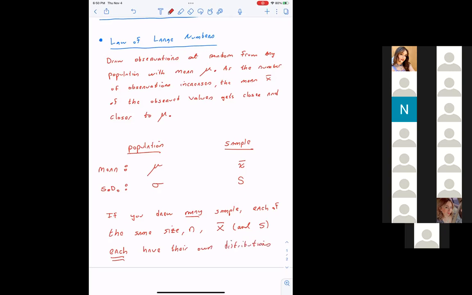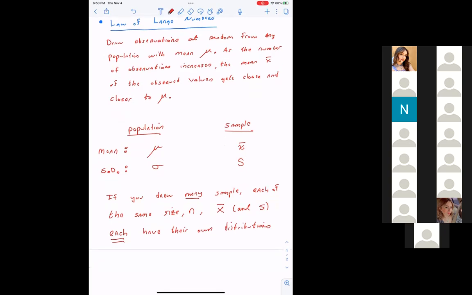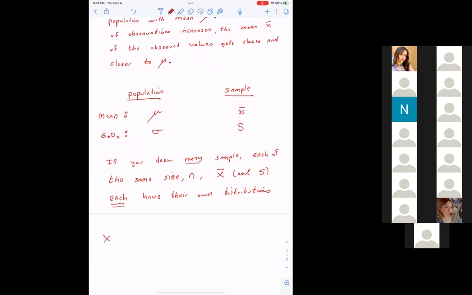It's different possible values together with their likelihoods. X bar is something that I do not know in advance what it's going to be. S is something that I don't know in advance what it's going to be, which means it itself has a distribution. As such, X bar has a mean and a standard deviation as well.